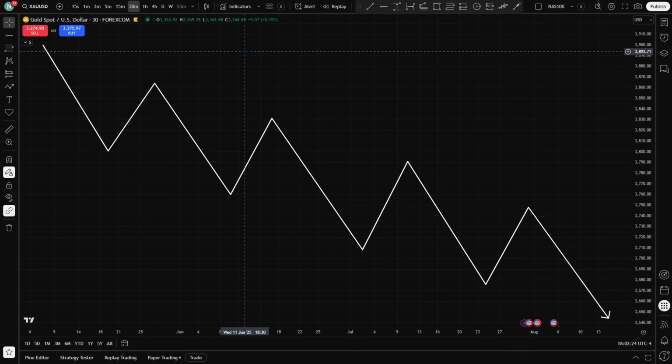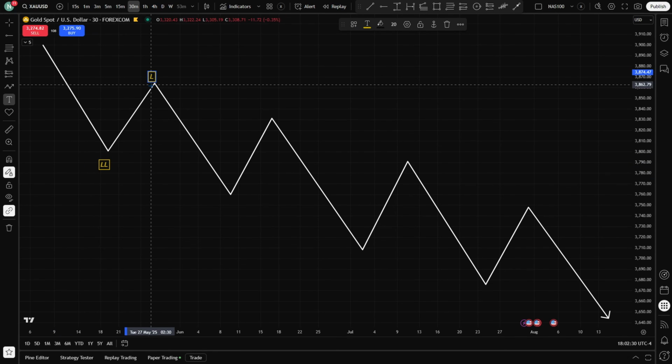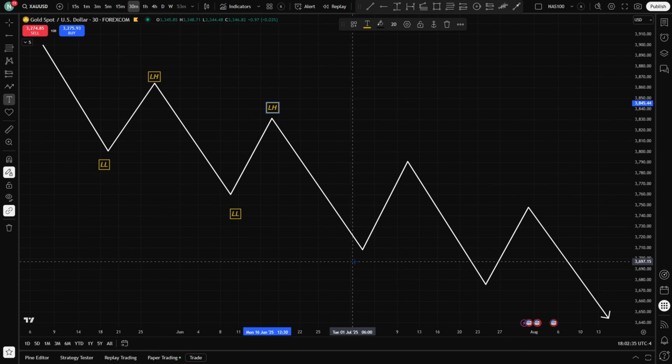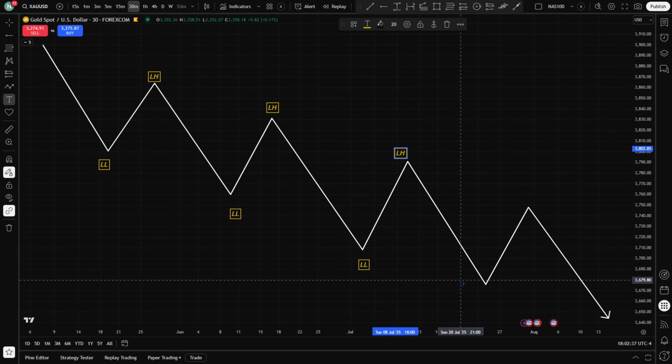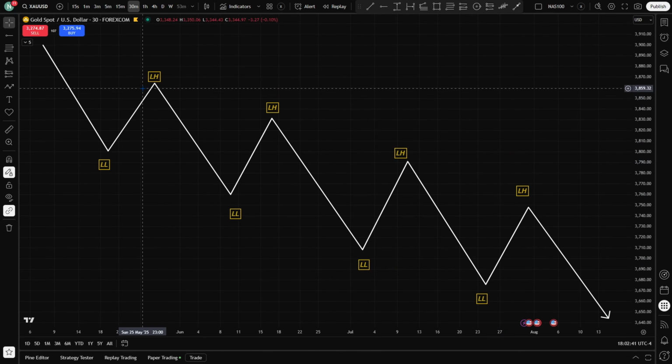So this will be a bearish market with sells. So we have lower lows and lower highs, lower lows, lower highs, and the same principles as that bullish market.